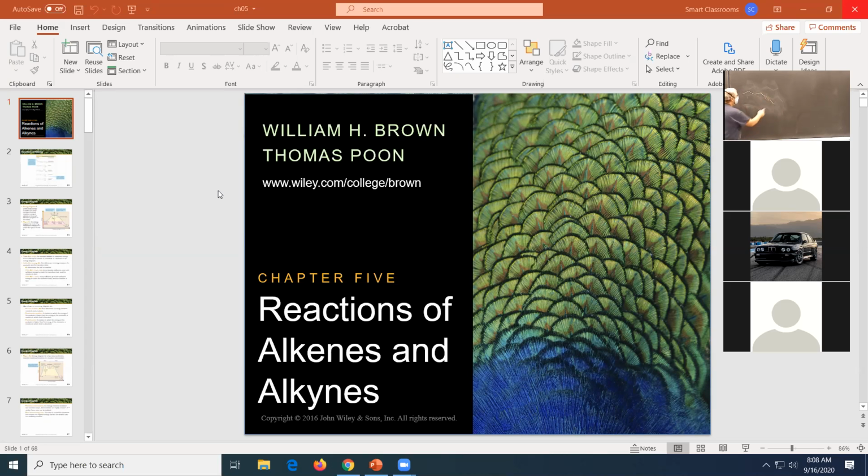Okay, so we would have 1, 2, 3, 4, 5, 6, 7. Again, this would be hept. And since it's a triple bond, it's heptyne. And again, this would be 2-heptyne. The newer method is hept-2-yne.